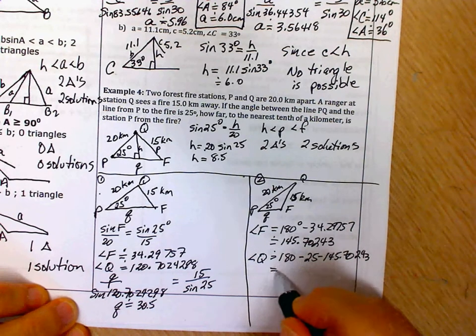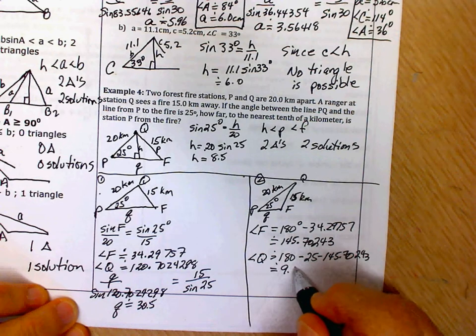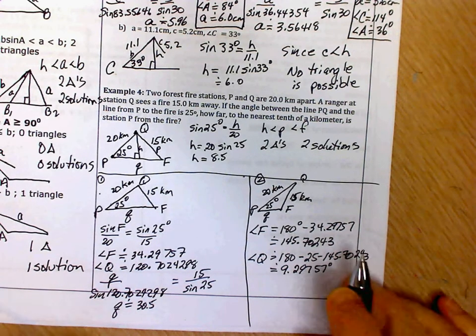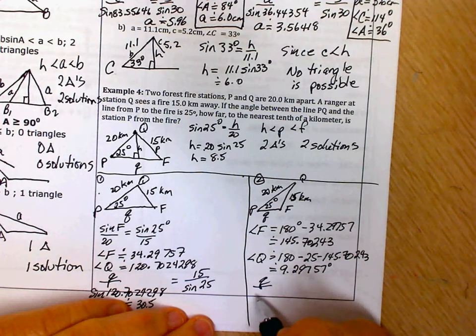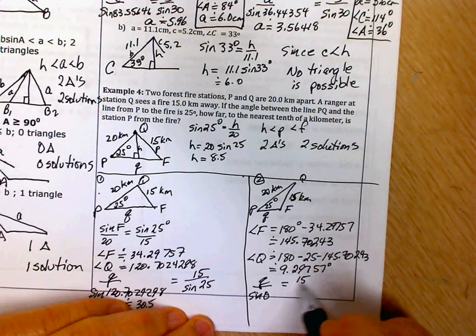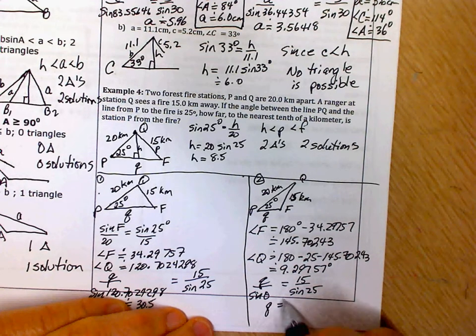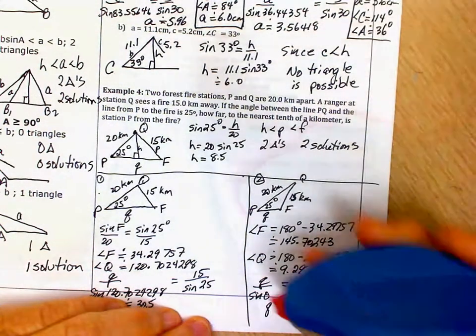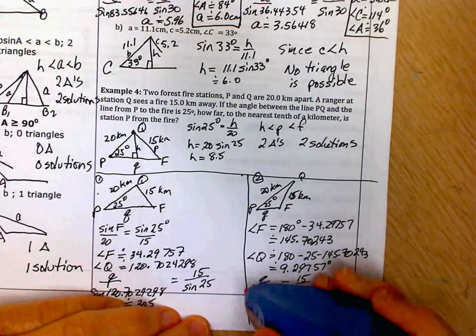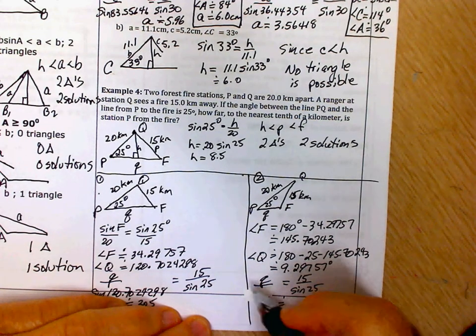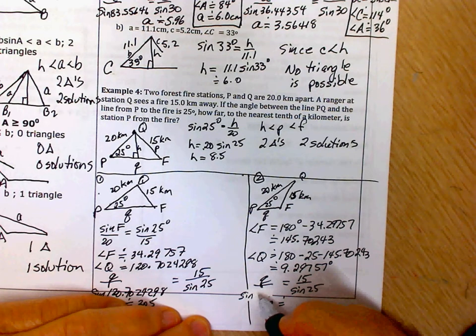So q over sine of Q is equal to 15 over sine of 25. So q is approximately, oh, why don't I put the value in there? Sine of 9.29757. So q is approximately 5.7.